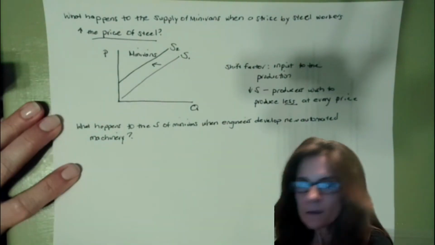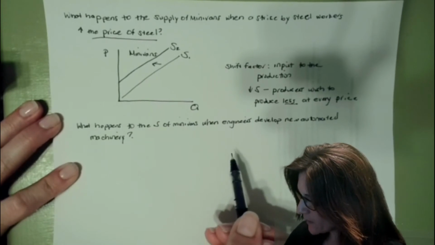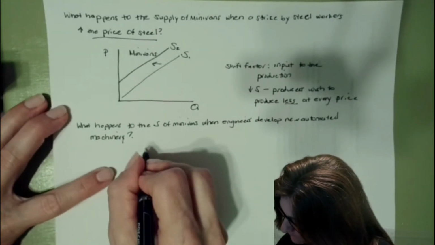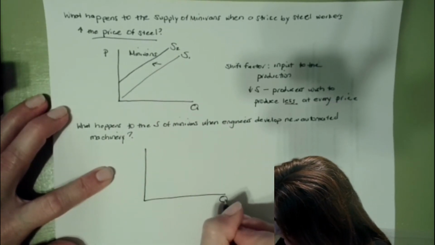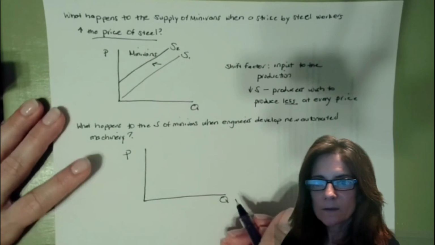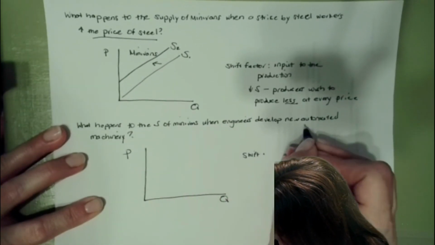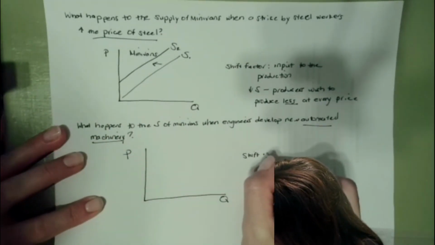Second, the last part of question 3 asks what happens to the supply of minivans if engineers develop new automated machinery. The shift factor that automated machinery refers to is technology.